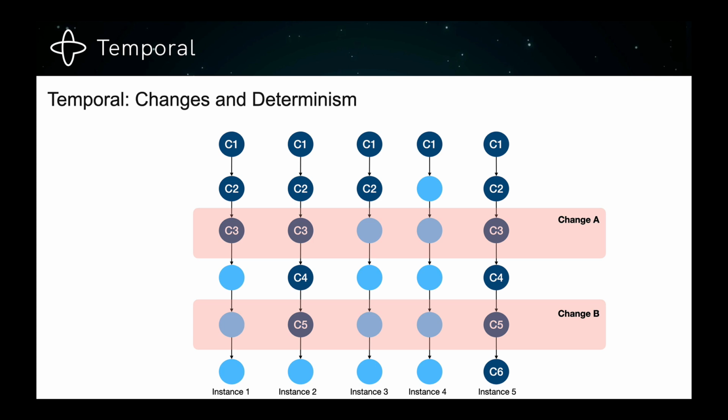Similarly, change B in this case would work for instance 1, 3, and 4, but it would definitely break the determinism of workflow instance 2 and 5. So I'm showing this to showcase that we cannot simply add changes to our workflow and assume that everything will run fine.